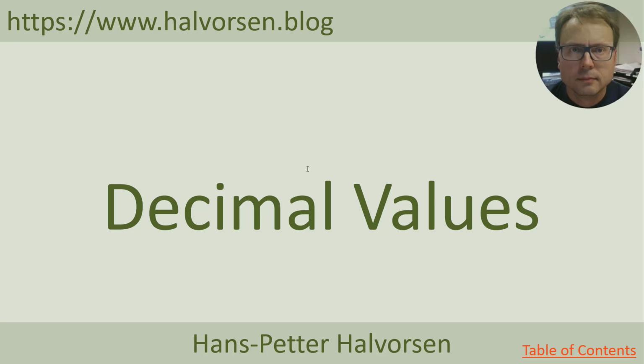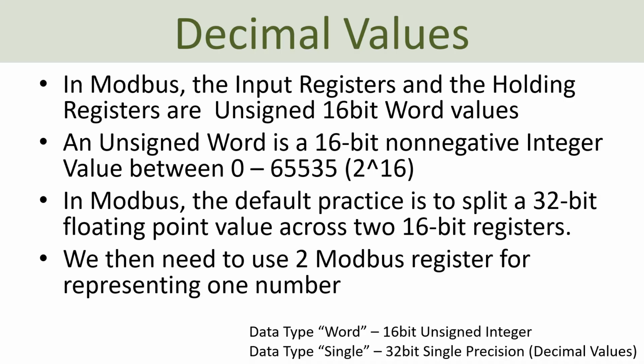And how can we use these registers to read or write decimal values? Basically, typically in Modbus we need to use two registers in order to be able to store a decimal value, because the input registers and the holding registers are unsigned 16-bit word values.